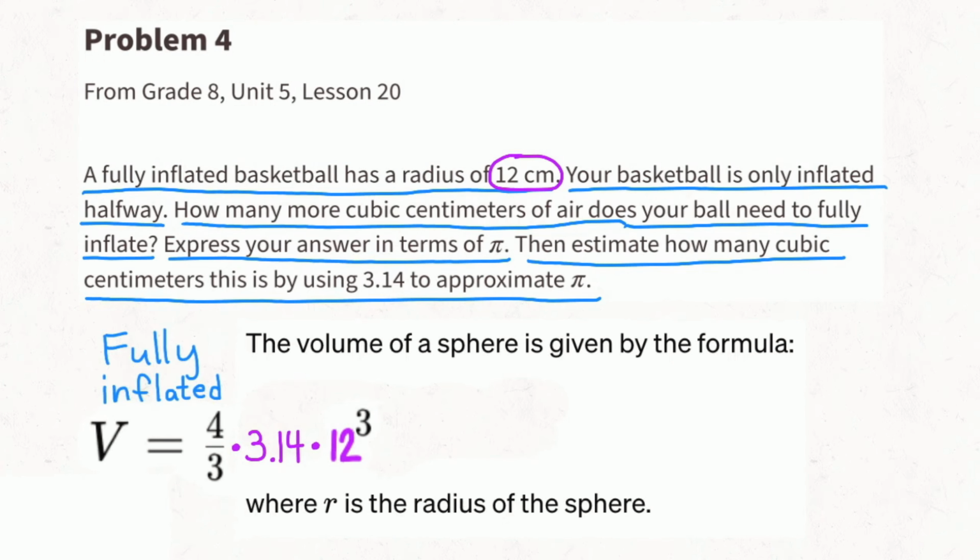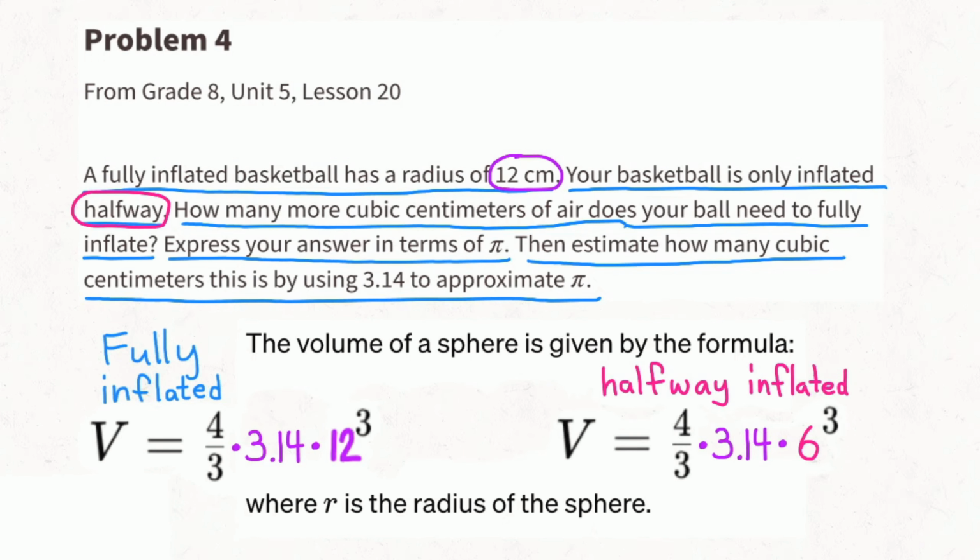Now I have all the information I need to find the volume of the fully inflated basketball. Next, I need to find the volume of my basketball that is halfway inflated. I plugged in a 6 for the radius because 6 is half of 12, and it says that my basketball is halfway inflated. And I plugged in 3.14 to approximate pi.